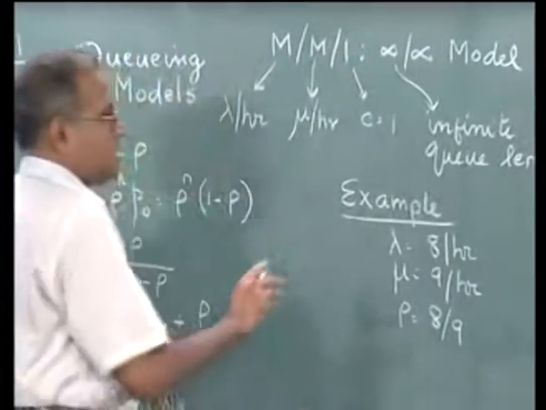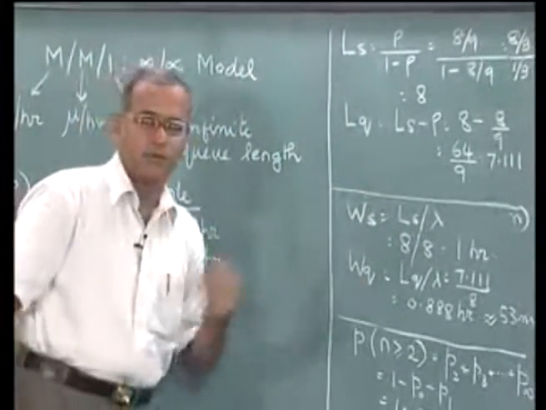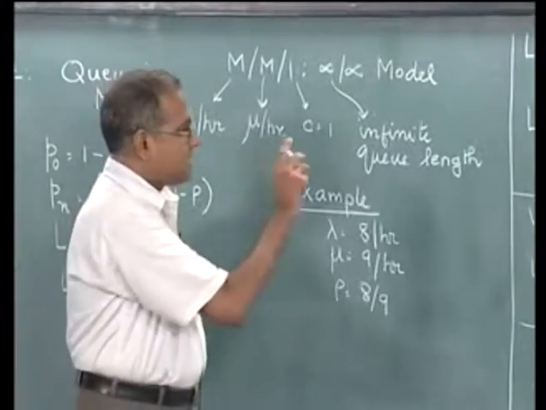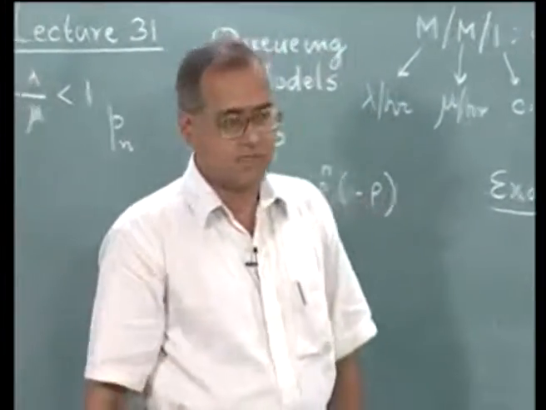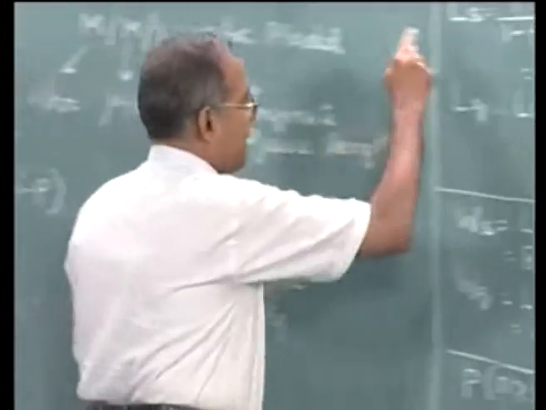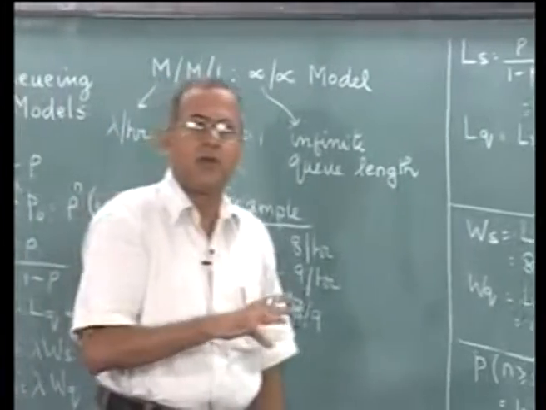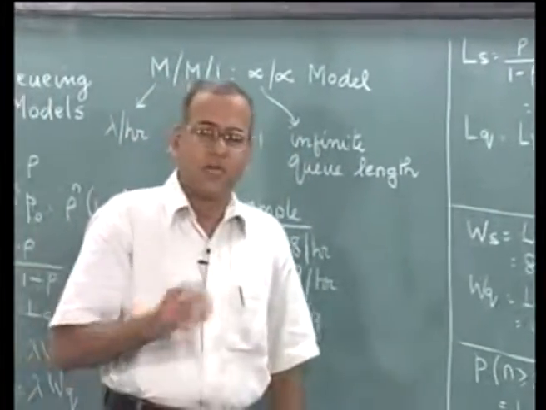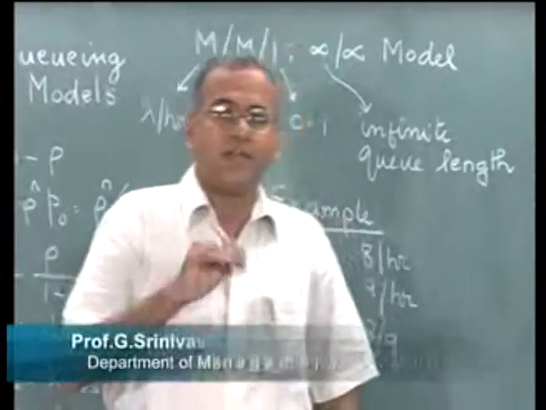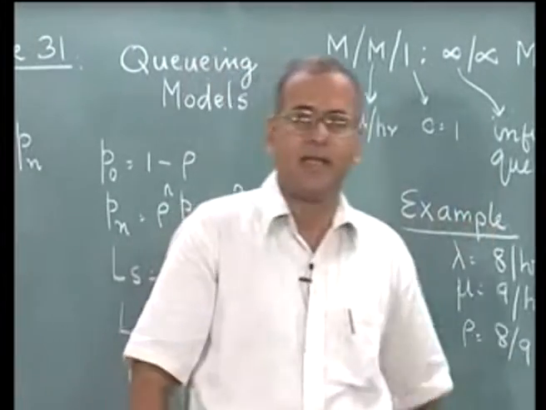We also need to understand a little bit more about this Ls, Lq, Ws and Wq. Now, the Ls, Lq, Ws and Wq are all expected values. Ls is the expected length of the system, which means the expected number of people who will be there in the system, which happens to be 8. Now, it does not mean that every time a person comes in, the person will see exactly 8 people.